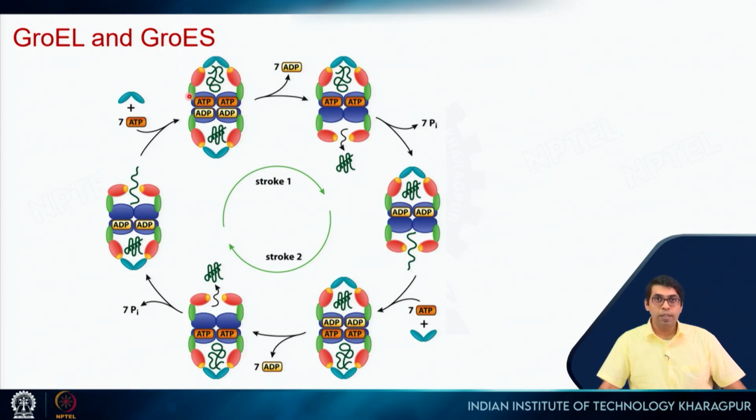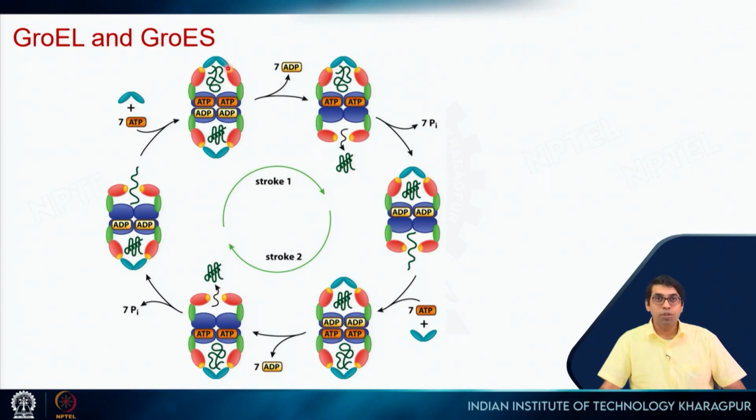So this provides a completely separate environment for this protein molecule, and this is also referred to as an Anfinsen cage, right? So this prevents the interaction of this protein with other protein molecules. So hydrophobic interactions are prevented here. Now the inside of this chamber is hydrophobic to begin with.